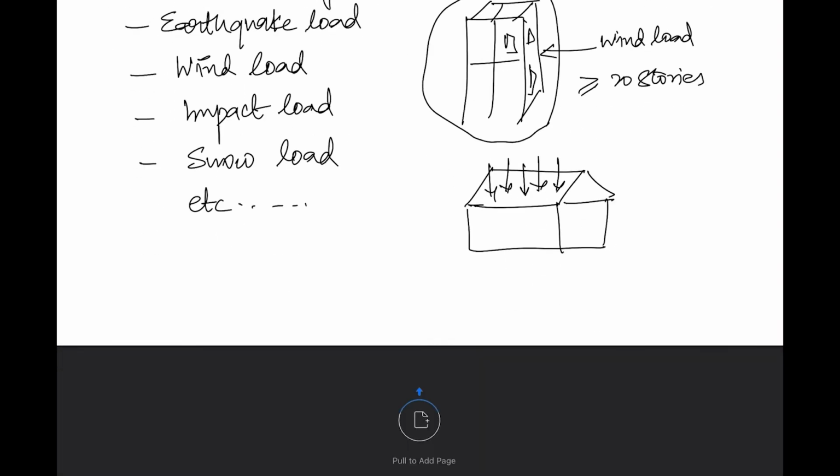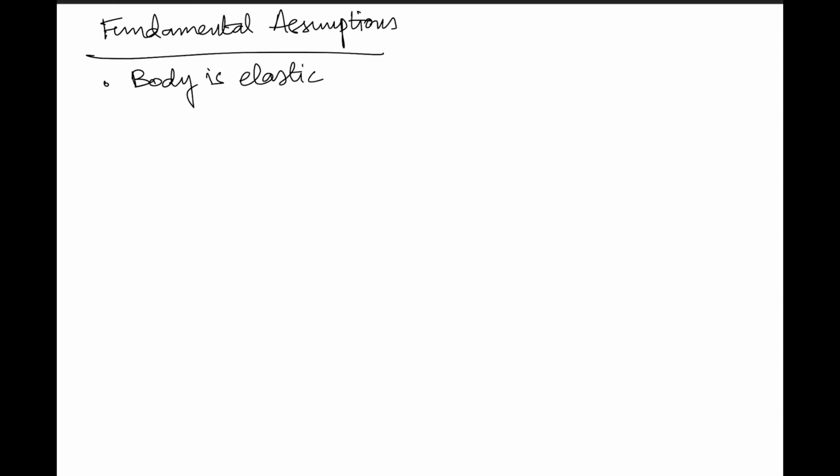Now, what are the different fundamental assumptions we need to keep in mind while going through this course of structural analysis? These fundamental assumptions govern the course of structural analysis. So, we assume that the body is elastic. Secondly, the body is assumed to be homogeneous.